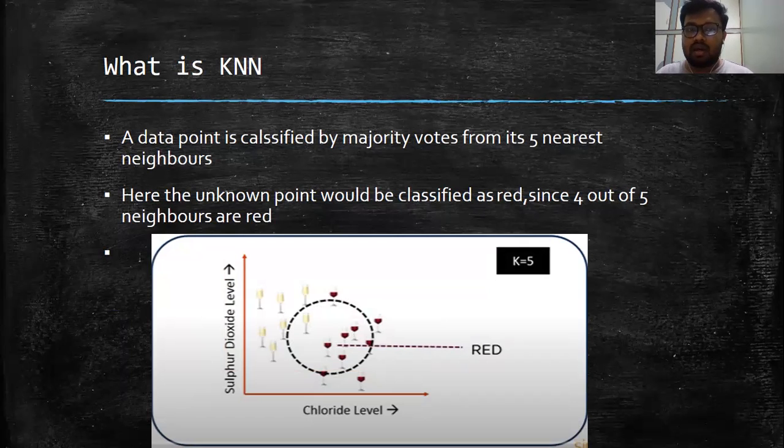Hence, here the unknown point would be classified as red since 4 out of 5 neighbors are red. So when we have taken K equal to 5, the neighbors closest to it are four red and one white. Since the majority of them are red, the glass that was given, we will classify it as red.